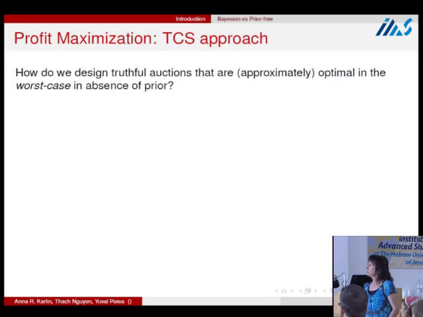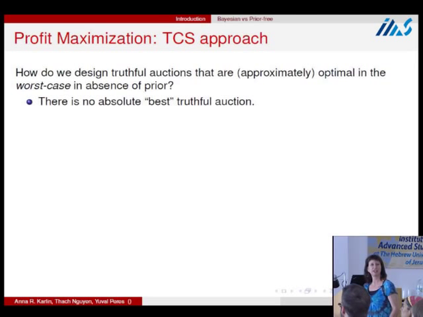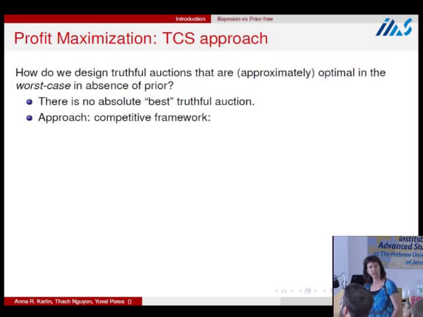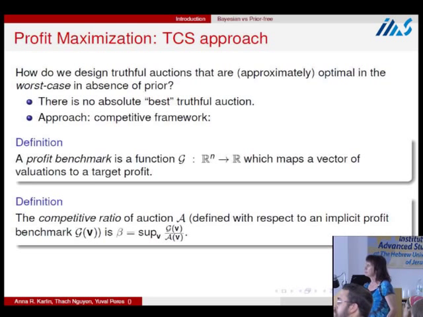Okay, so how do we design truthful auctions that are approximately optimal in the worst case? Well, again, as Jason already said, there is no absolute best truthful auction. So what we've been led to doing is kind of use a competitive analysis type framework. And the way that works is we define a profit benchmark, which takes a vector of valuations or bids by the players and spits out a target profit that we would hope to achieve.